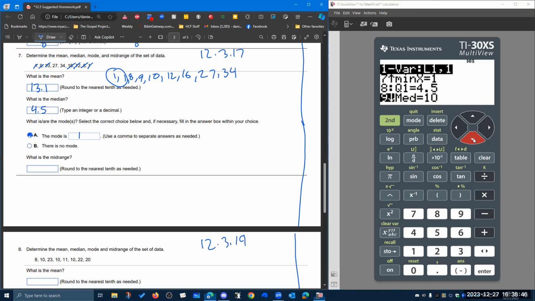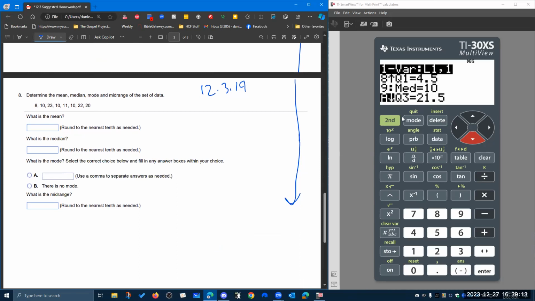This is 10. And the mid-range is 21.5 minus 4.5 is 17.